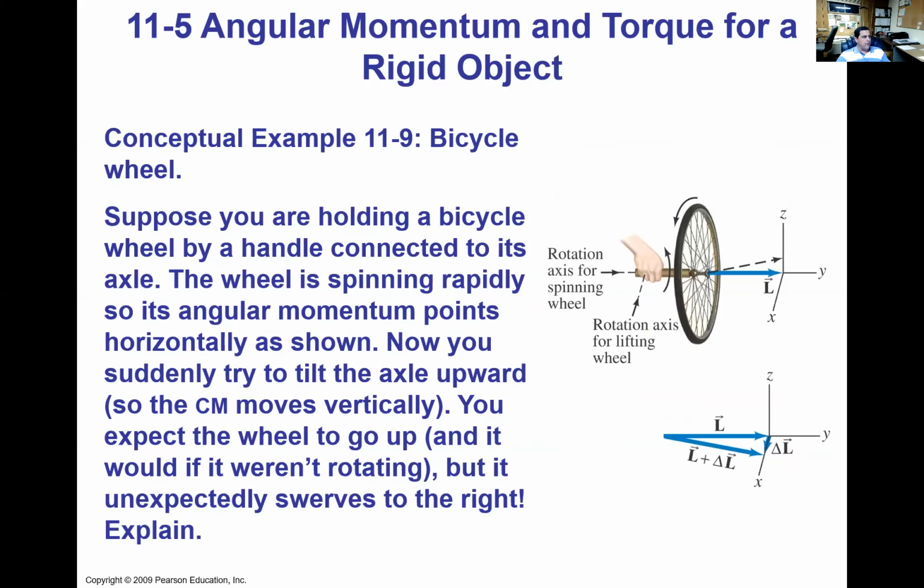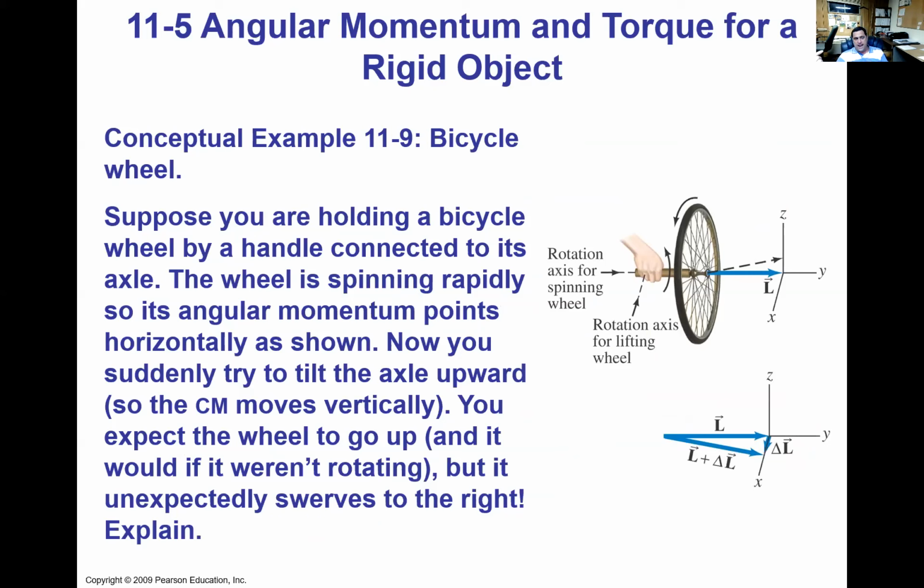Let's take a look at another conceptual example. If you're holding the same spinning wheel that I was looking at when the professor was on a turntable, but now you're just holding it, with your right hand, the tire is rotating.